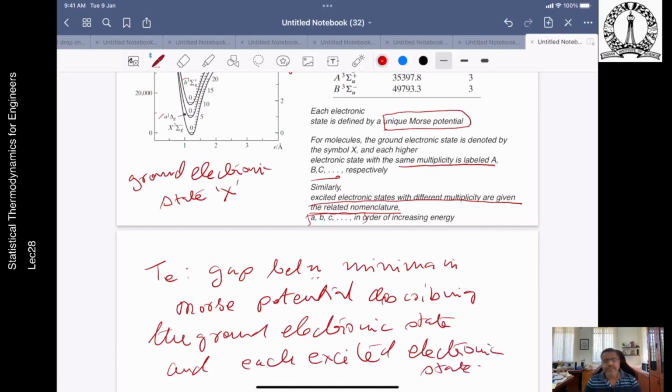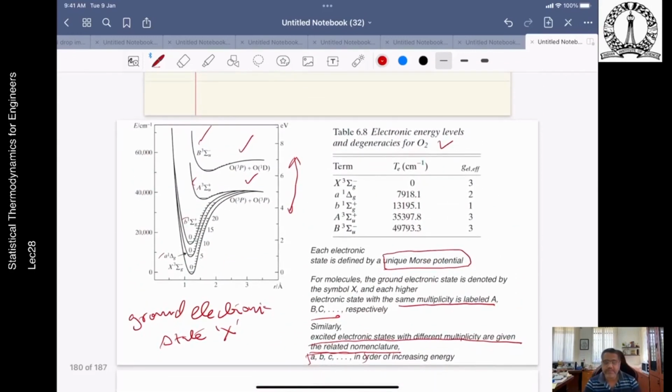If you look at this particular table, you will find that the effective degeneracy is also given here, and this is TE. This is the nomenclature that we have already established, right?